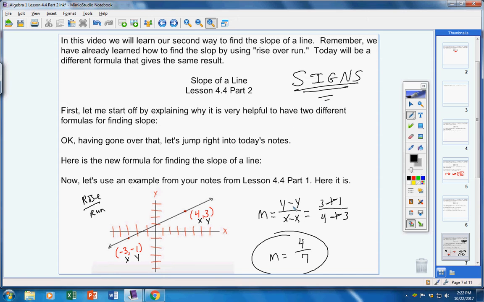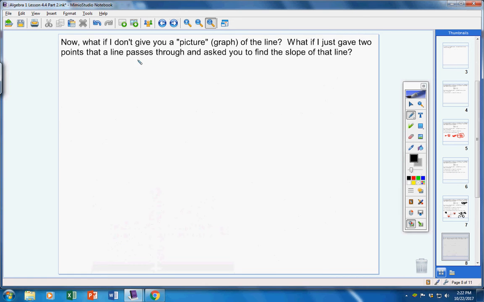This is a great formula to use to help you find the slope of a line. Now, what if I don't give you a picture or a graph of the line? What if I just give you 2 points that a line passes through, and I ask you to find the slope of that line?